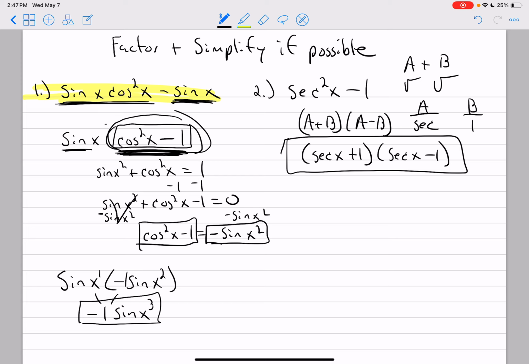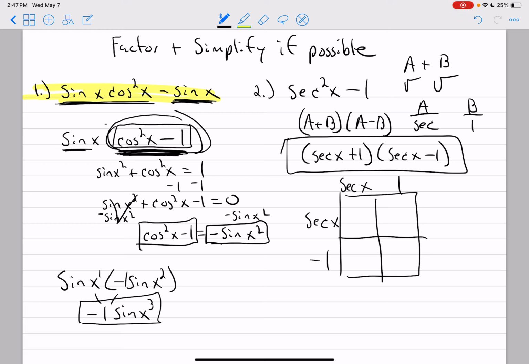And just for fun, to make sure you remember, to prove that this is right, if I wanted to multiply these, secant x plus 1, secant x minus 1. Remember, secant times secant is secant squared x. Secant times 1 is secant x. Secant times negative 1 is negative 1 secant x, and negative 1 times negative 1 is negative 1.